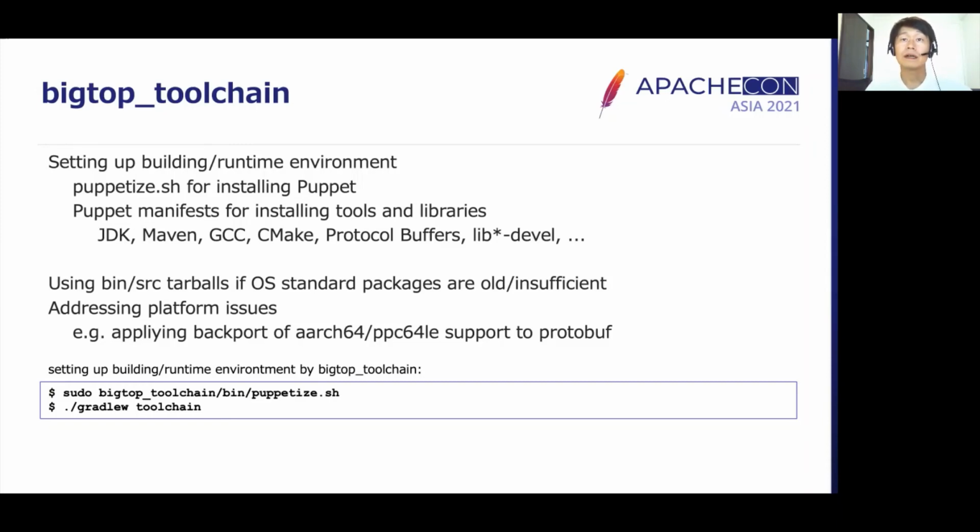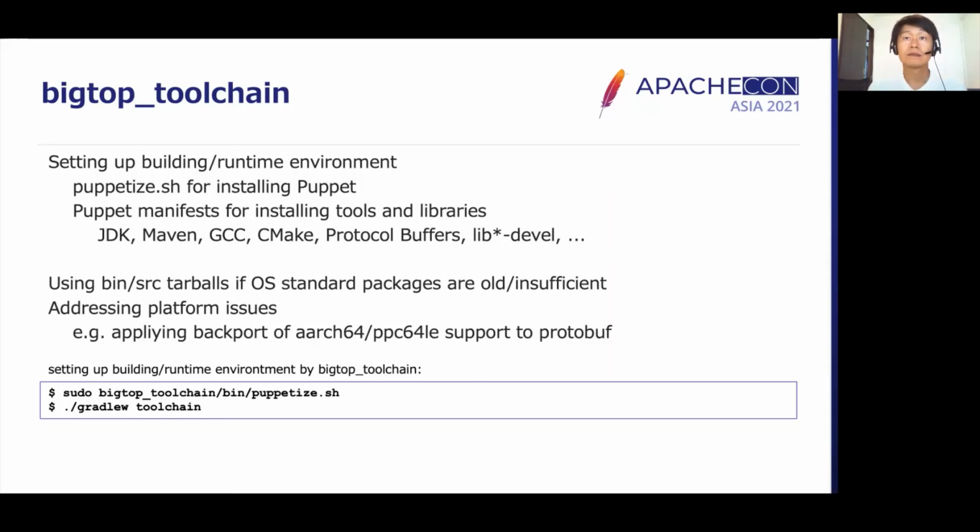Hadoop and other products require a recent version of Maven, which is not provided as a standard package of OS distributions. Bigtop toolchain uses binary or source tarballs in such a case.